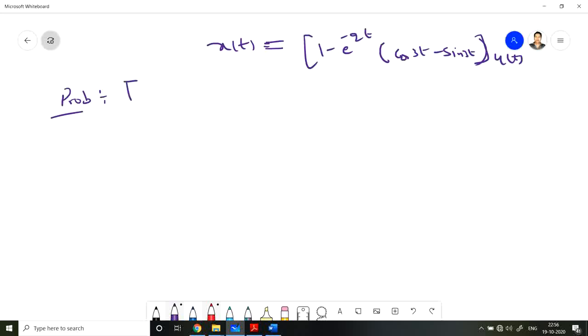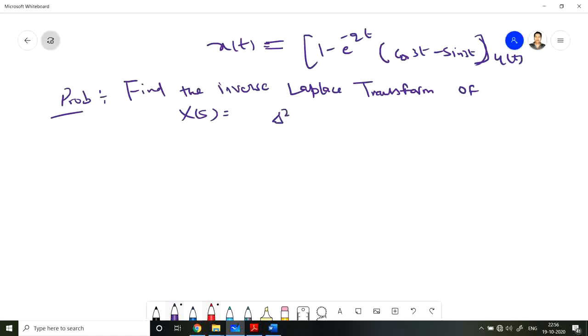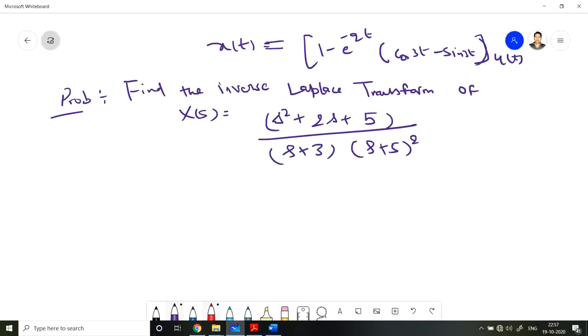The question is: find the inverse Laplace transform of X(s) equals (s square plus 2s plus 5) divided by (s plus 3)(s plus 5) square, and the ROC is real part of s greater than minus 3.